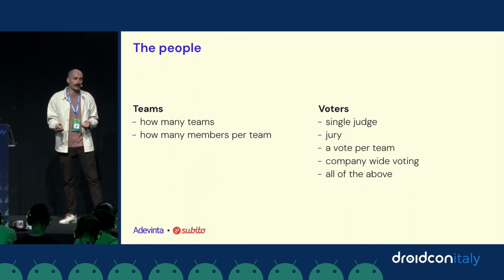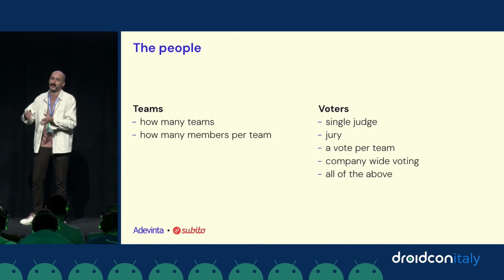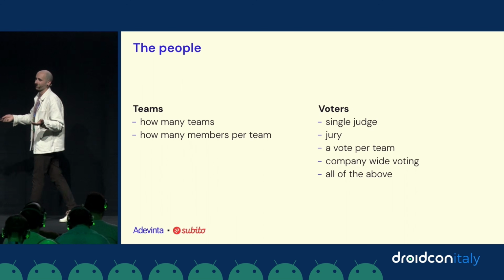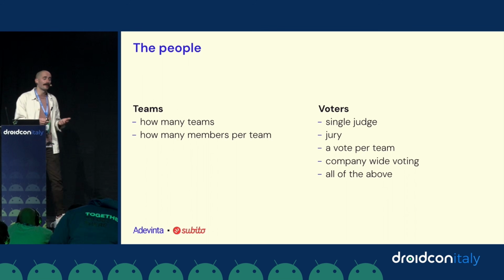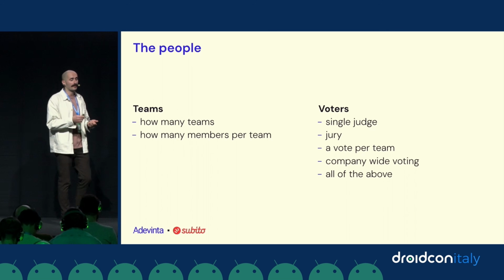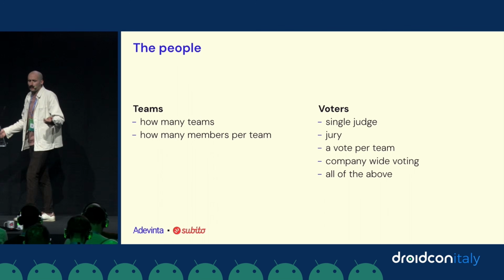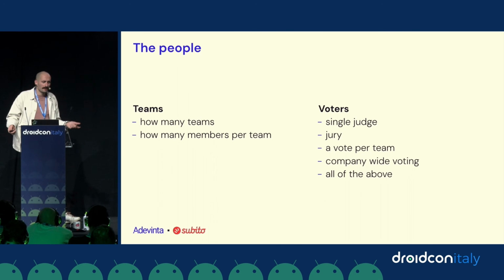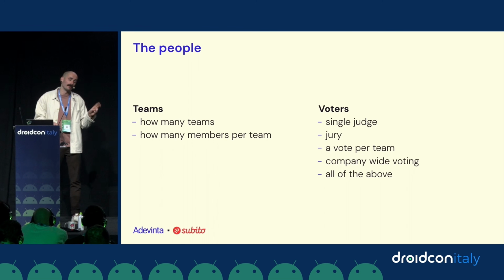Or every team could have a vote. Actually, not for themselves, they have to vote for the others, otherwise that would be a waste. Or you could even have a company-wide voting. Everyone in the company could check the projects online and say, oh, this is the best for me, I will vote for it. Or you could do a mix of them. And if you're a judge or a jury, no corruption, please.